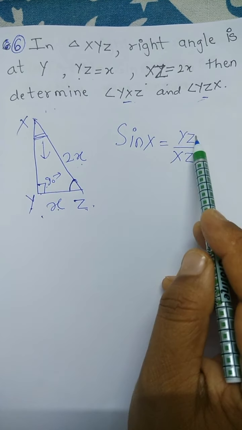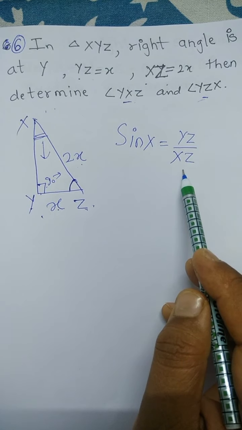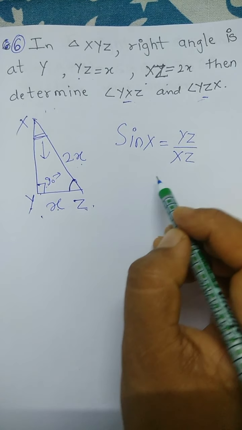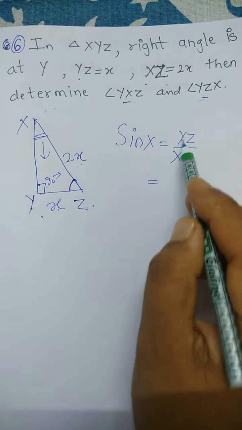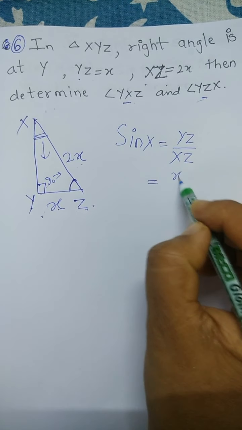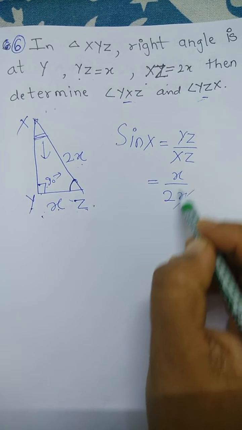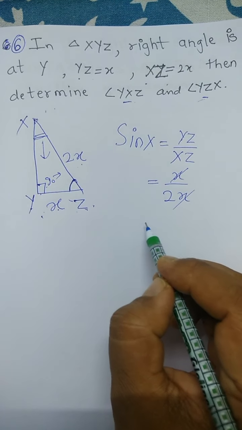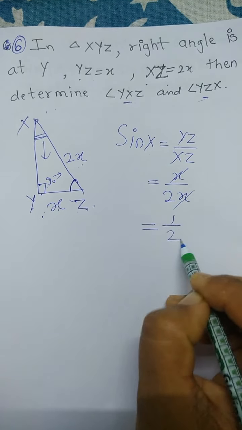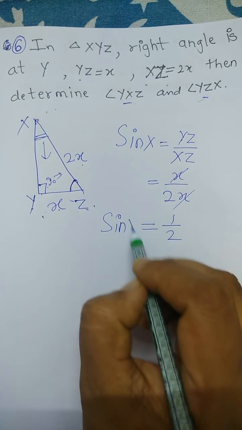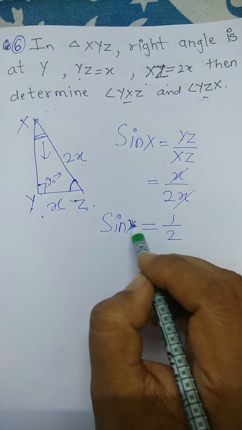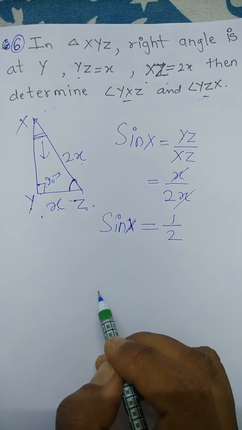So sin X we have to find. YZ is given as x and XZ is given as 2x. So the x's will get cancelled and you will get 1 by 2. Sin X is equal to 1 by 2.